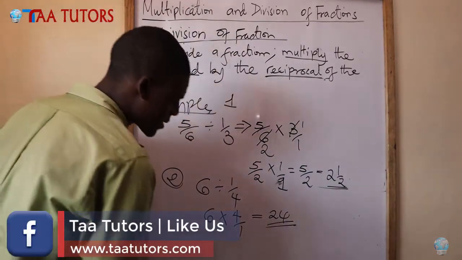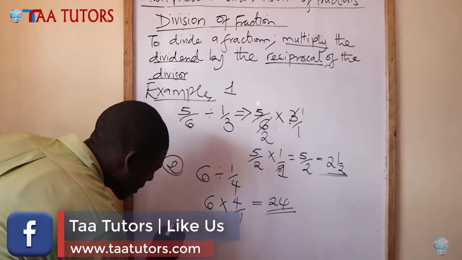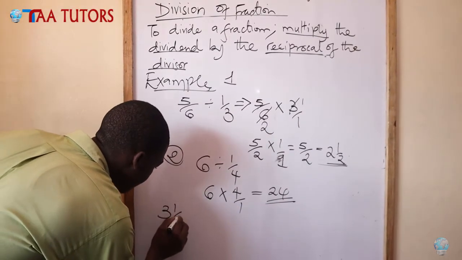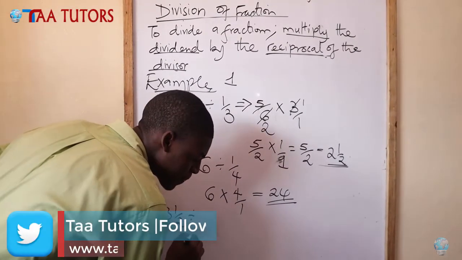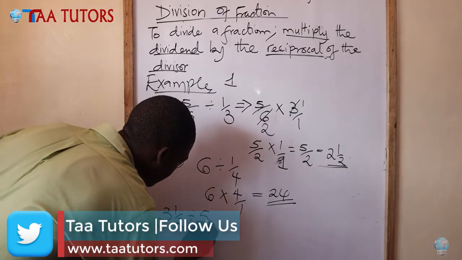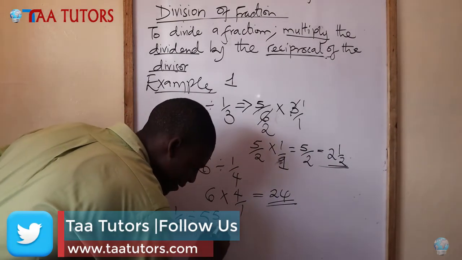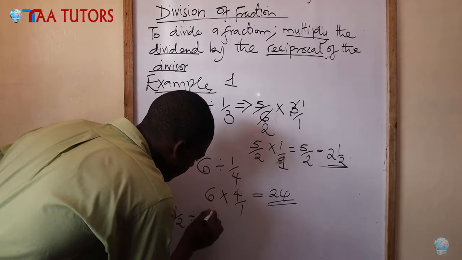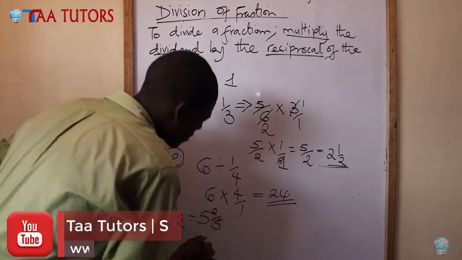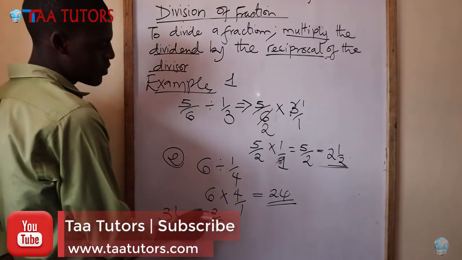You can try this. That is 3 and 1 over 2 divided by 2 and 2 over 5.